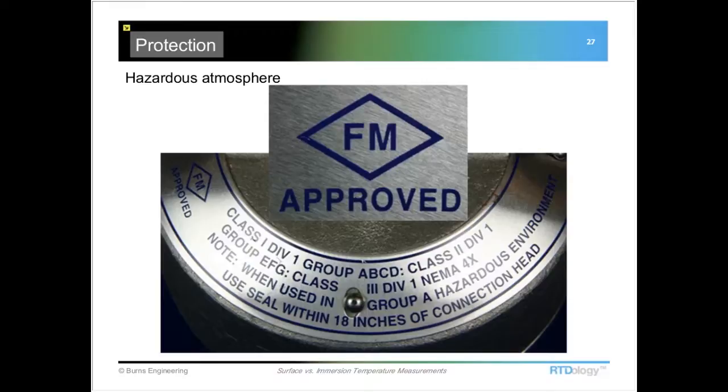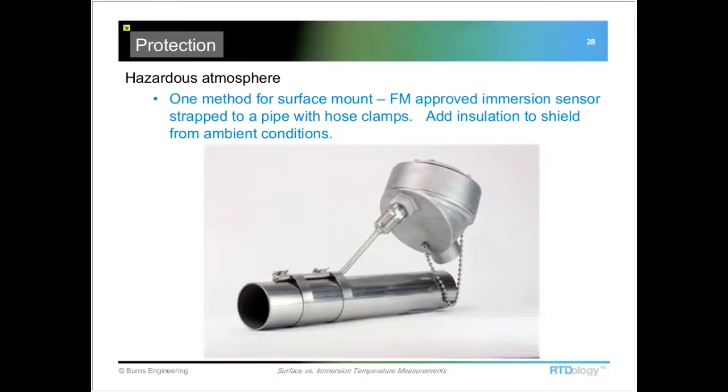Again, a lot of the immersion sensors do have approvals for hazardous atmospheres. And one thing is that you will not find many surface mount sensors that have an FM, CSA, or ATEX rating for hazardous environments. Now, one of the ways around that is to use an immersion style sensor as shown here.